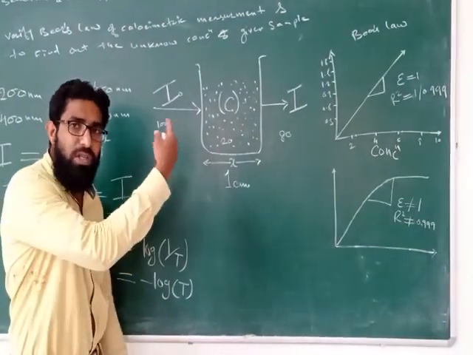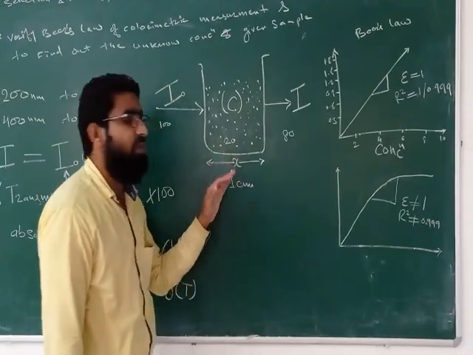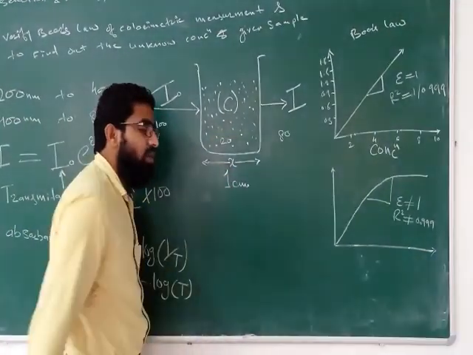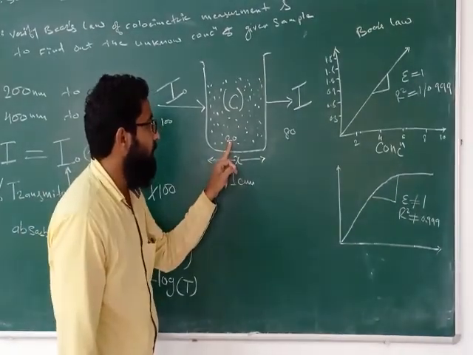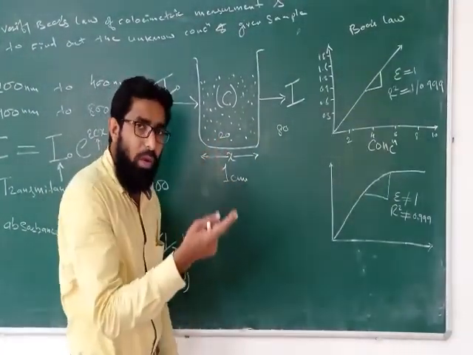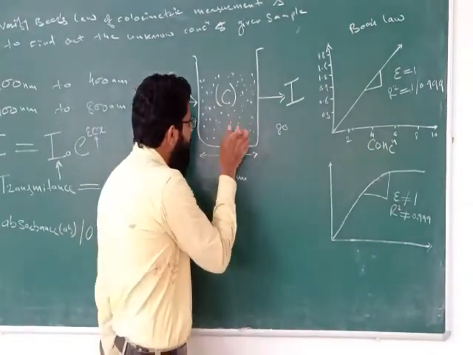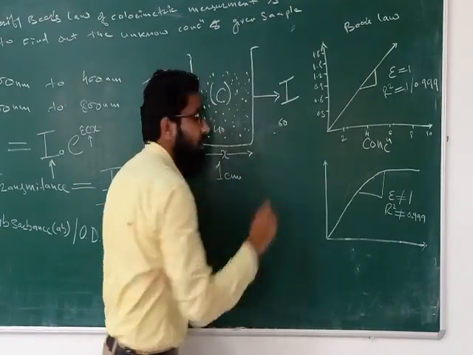If the concentration increases, suppose the original concentration is 2 microgram per ml, then 20 absorbed, 80 transmitted. If it is 4 microgram per ml, then 40 absorbed, 60 transmitted.